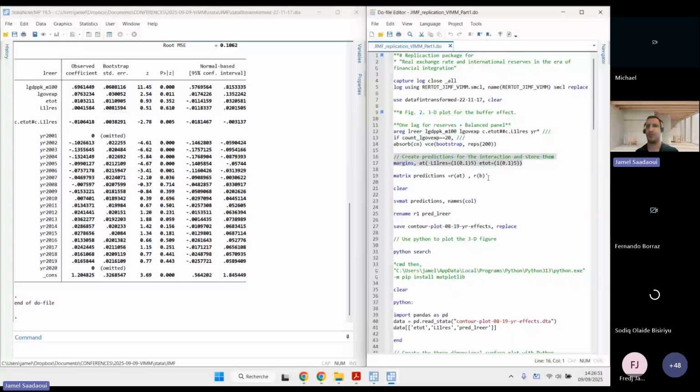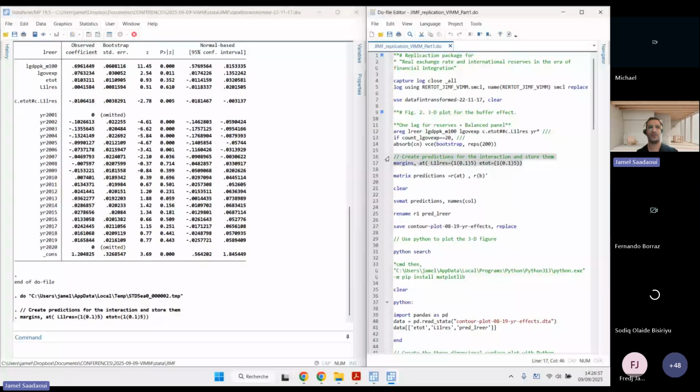So first, we estimate the margins, thanks to the previous estimation that you just did. It will create the prediction, and then using matrix, I will put the prediction into a matrix, and I will save the prediction into the database that I will show you later.